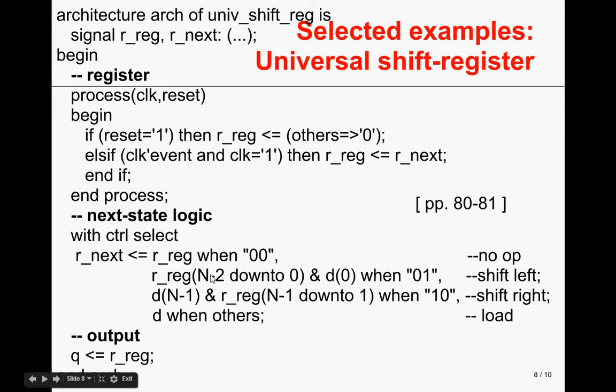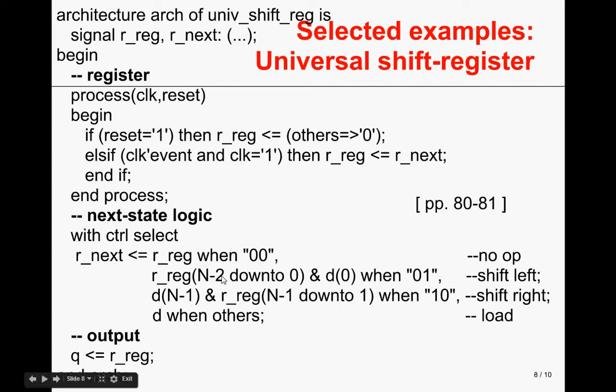Starting from n minus 2 down to 0, those bits take the leftmost positions. What was before bit n minus 2 is now taking the position of n minus 1, that is to say the most significant position.